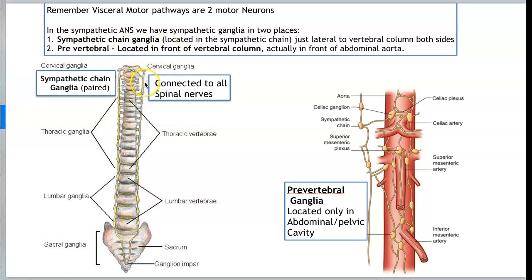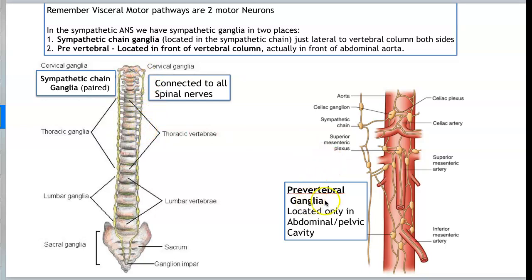This is the sympathetic chain, running from C1 all the way down on both sides, sympathetic chain ganglia. It is paired, and this sympathetic chain ganglia, via the gray rami communicans, is connected to every single spinal nerve.